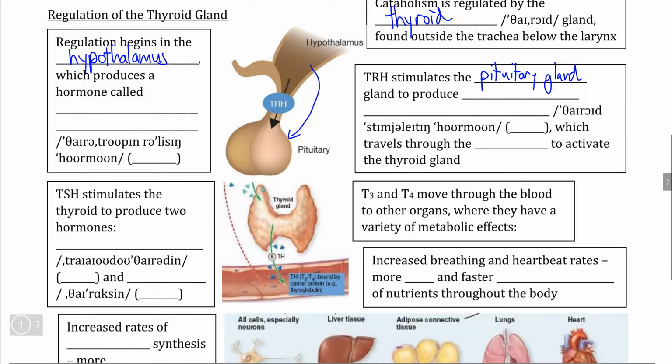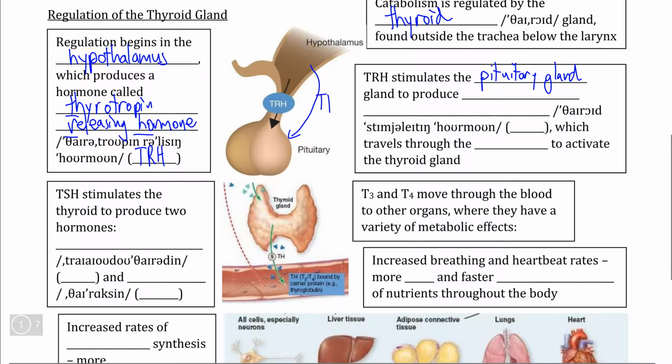And the name of the hormone that the hypothalamus produces to activate the pituitary gland is the rather awkwardly named thyrotropin releasing hormone. Now, this has a similar function to GnRH, or gonadotropin releasing hormone, in that this is the hormone that stimulates the pituitary gland, and just like with GnRH, we can give thyrotropin releasing hormone an easier to understand initialism, which we will henceforth know as TRH.